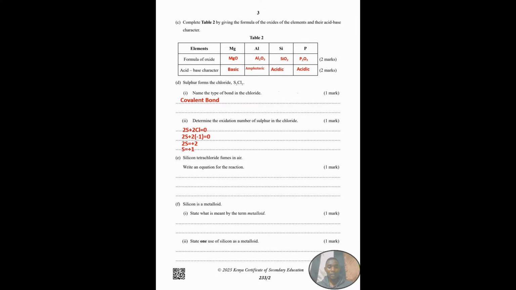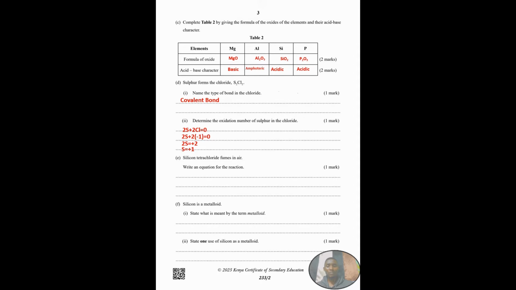Question next, silicon tetrachloride fumes in air. Write an equation for the reaction. We need to understand that, learners, when silicon tetrachloride fumes in moist air, it reacts violently with water or water vapor to produce dense white clouds of solid silicon oxide.